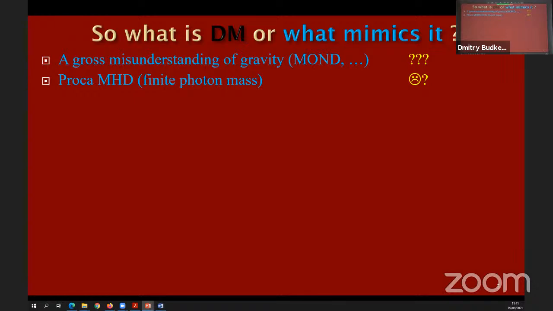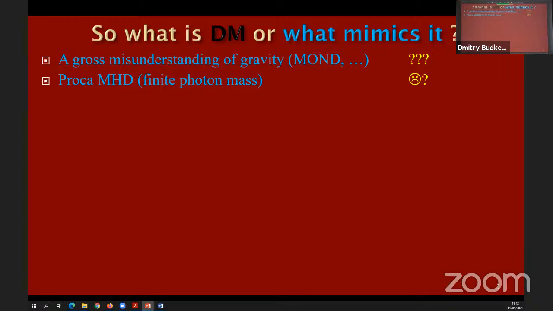I kept in touch with him, and he recently retired, and I invited him to come and spend some time with us at Mainz. And he said, "Sure, let's do this, but let's find a problem to work on when I'm there, which is of common interest." And dark matter turned out to be one.